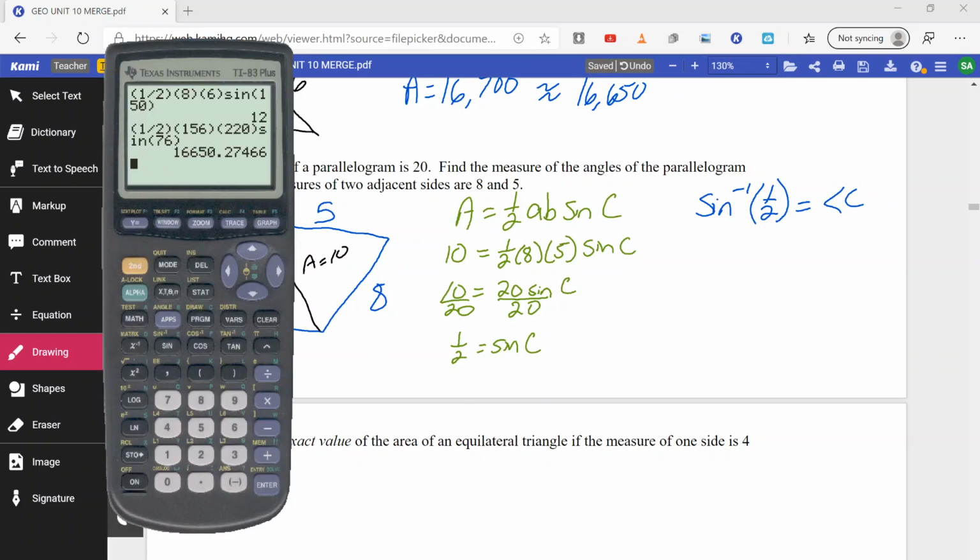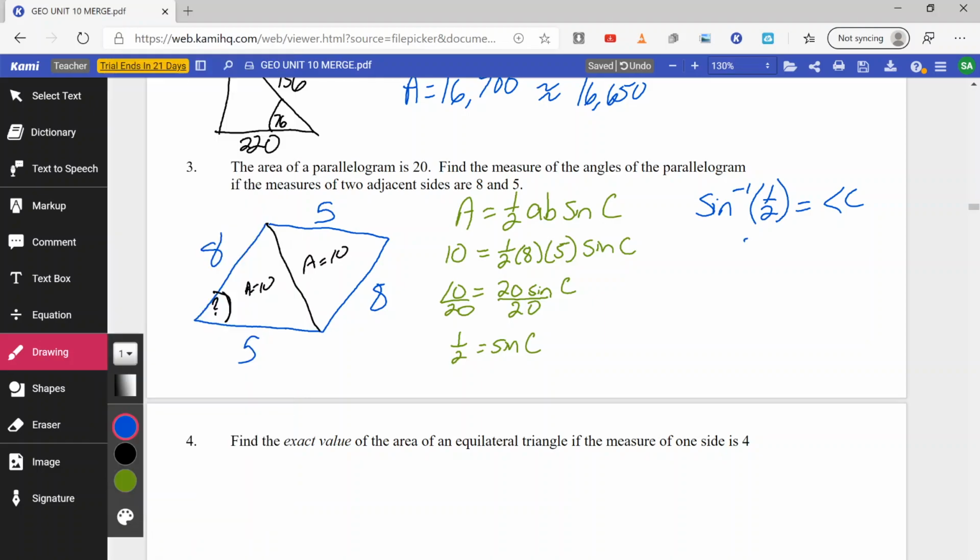So what we want to do is arc sine of 1/2. So that tells me the angle is 30 degrees. So we can say this is 30 degrees here. And in a parallelogram, we know that the consecutive angles are supplementary, meaning they add to 180 degrees.